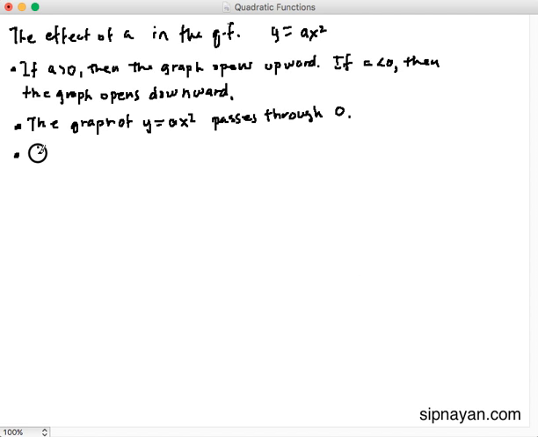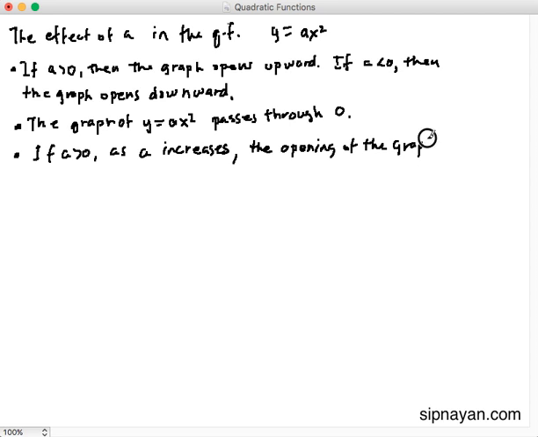Okay, so dalawa yan. If A is greater than 0, as A increases, what happens? The opening of the graph becomes smaller.